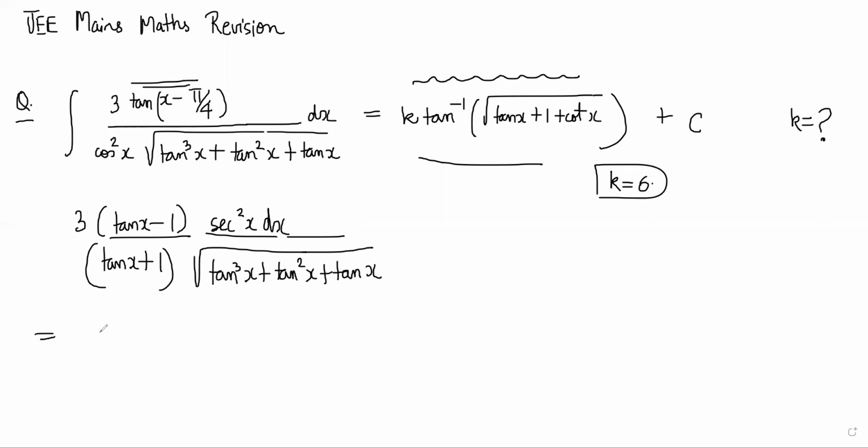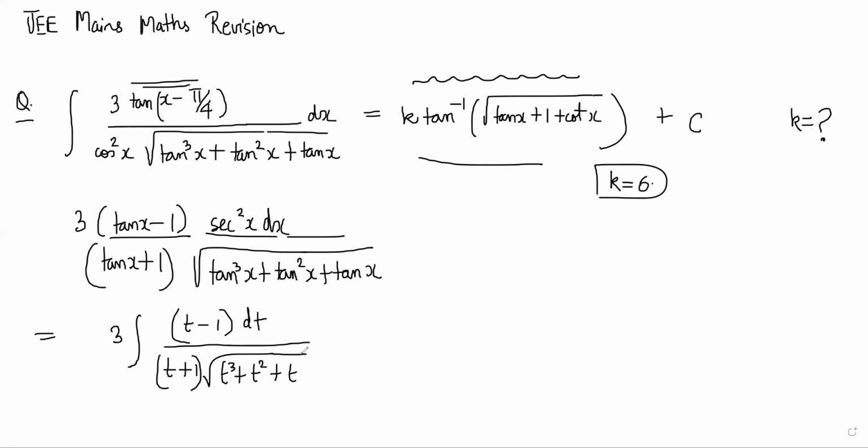So the integral is 3 times t minus 1 dt by t plus 1 into t cube plus t square plus t, right?